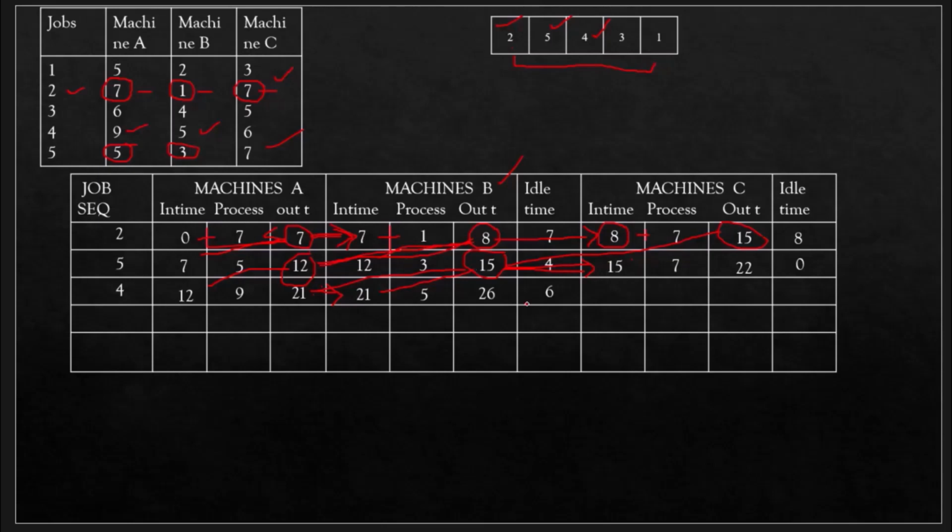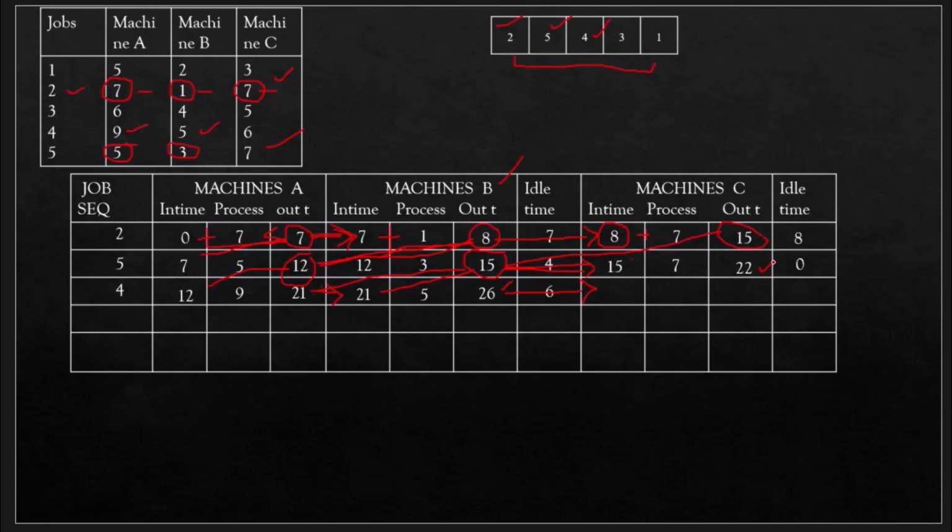And next, once again before giving the input to machine B, we want to cross check whether machine C was engaged with any work or not. Here we completed the task at the 26th hour and machine C completed its task at the 22nd hour itself. So here also machine C was waiting for input.